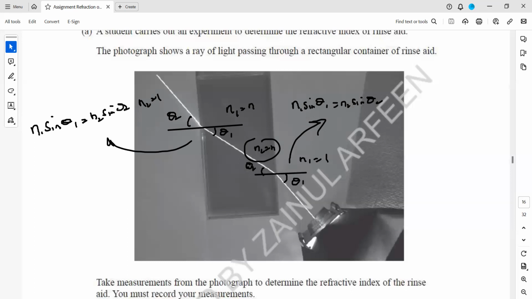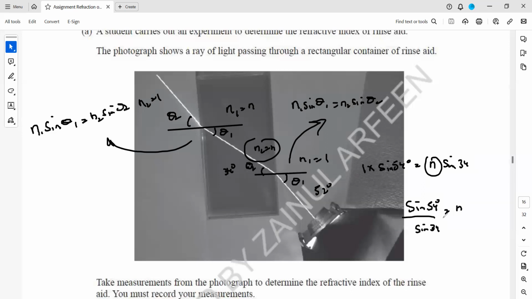So for example, I'm just taking values. Say this angle was 54 and this angle was 34. So when we use N1 sine θ1, so sine 54 equals N2 sine θ2, which is sine 34. So we need the refractive index. So the refractive index will be sine 54 over sine 34. What's the answer?